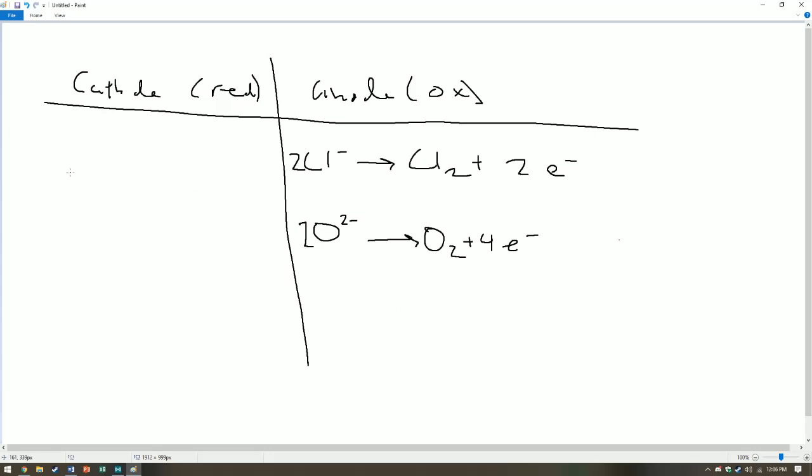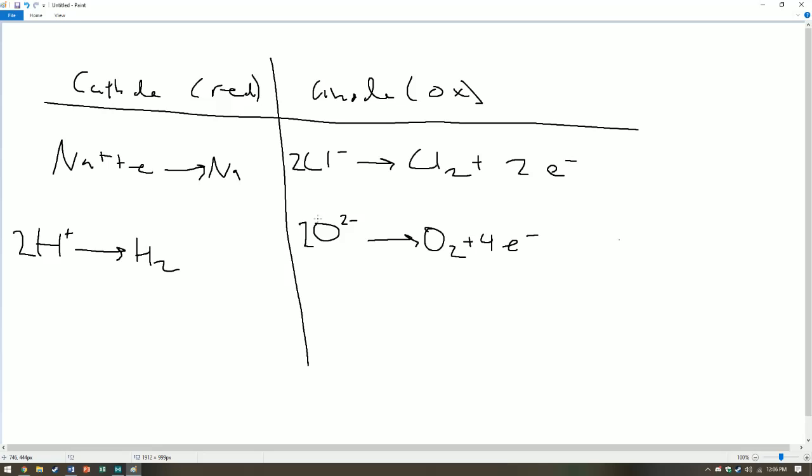And then on the cathode side, we could have either sodium reduced, so Na plus plus electrons yields Na, and then we could also have hydrogen reduced, so 2H plus reduces to H2. Now, this isn't technically the right set of reactions, however, for all intents and purposes, on a multiple choice exam, generally this is what you want to come up with.